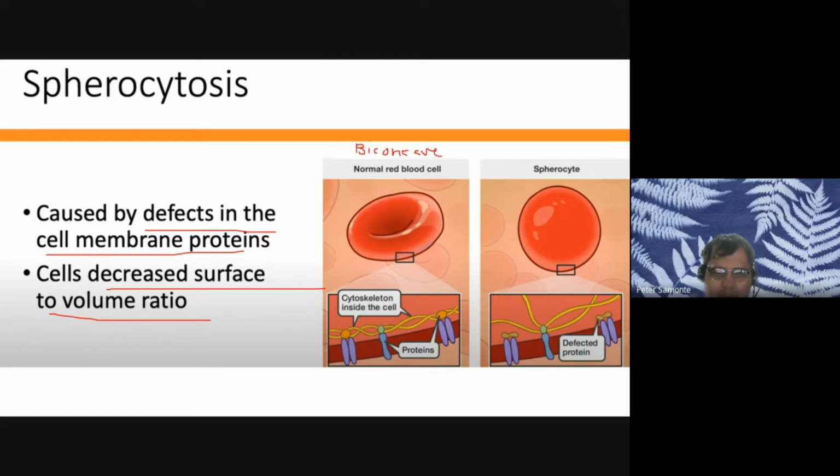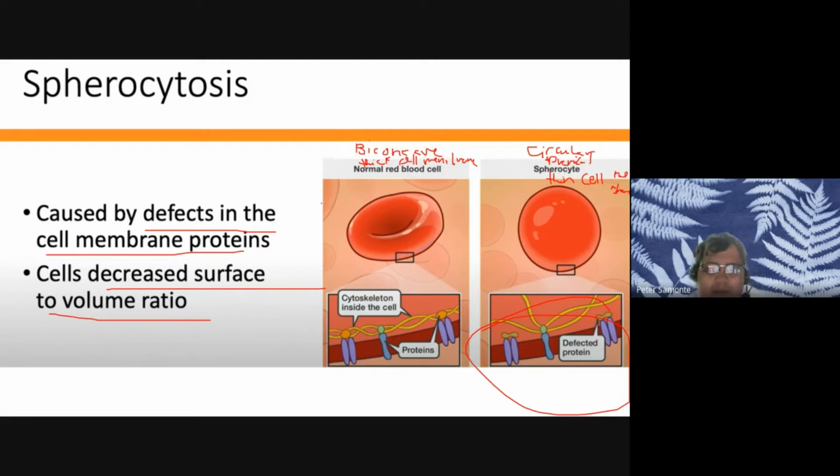And you'll notice that they have a thick cell membrane. While your spherocytes have a circular or spherical appearance. And if you notice, they would have a thin cell membrane due to the defective proteins.